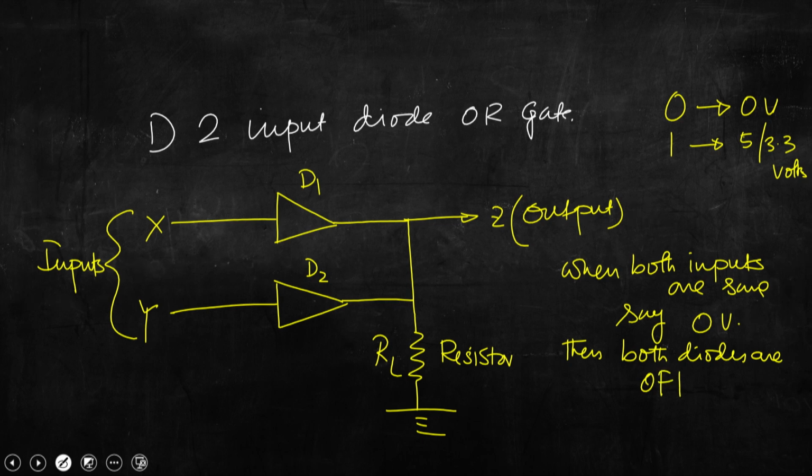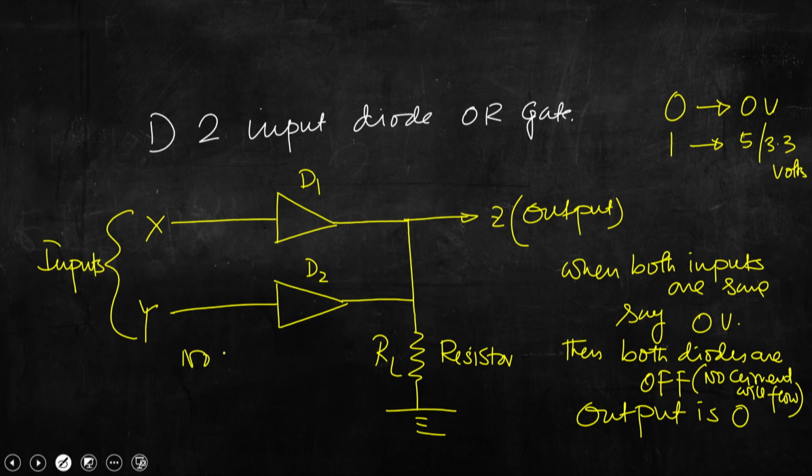If both diodes are off, no current will flow, so the output is 0. And there will be no voltage drop when both inputs are 0 volt.